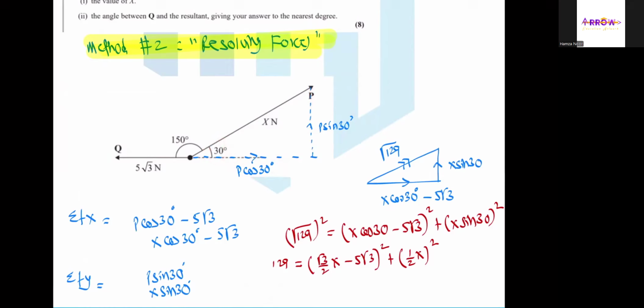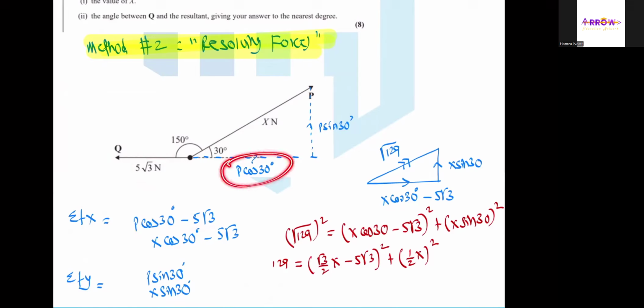All right. First, we are going to find the sum of the forces acting horizontally, meaning the sigma of Fx. So P cos 30 minus 5 root 3, as we already know the magnitude of Q force, and Q force is acting towards the left.